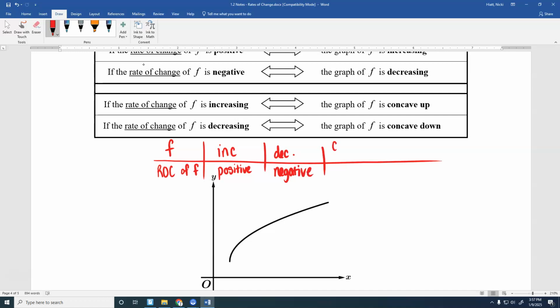If my graph is concave up, then my rate of change will be increasing. If my function is concave down, then my rate of change will be decreasing.